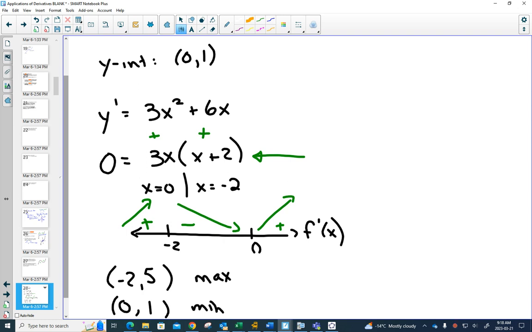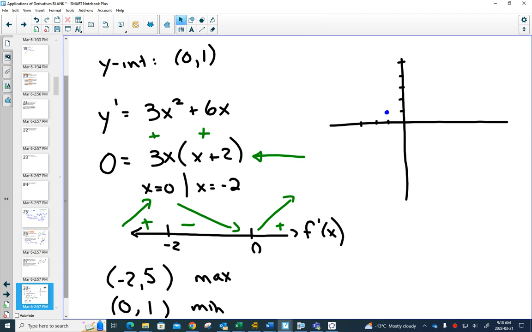And so on this graph, we would have 0 comma 1, -2 comma 5, we would have these points as a max and min.